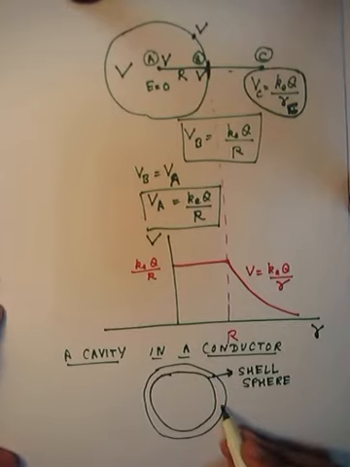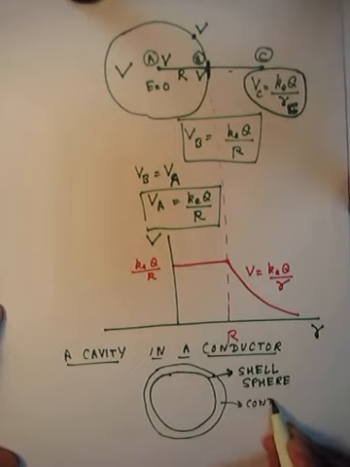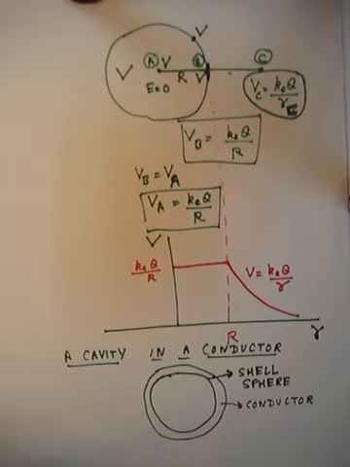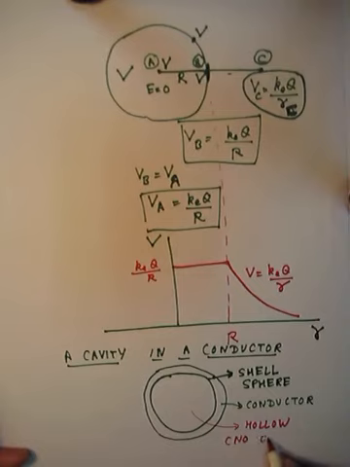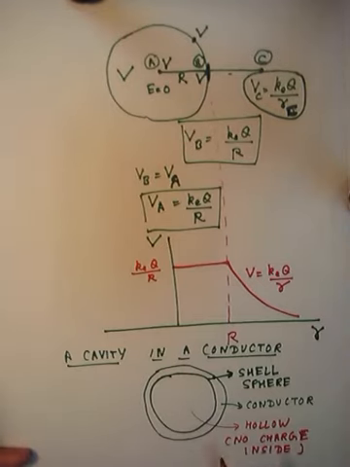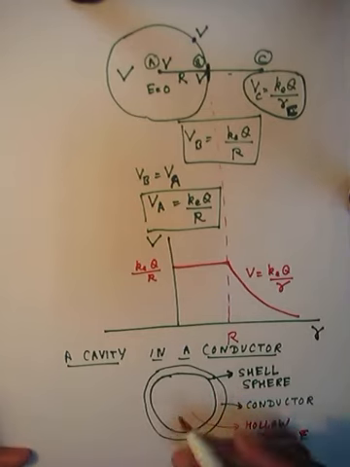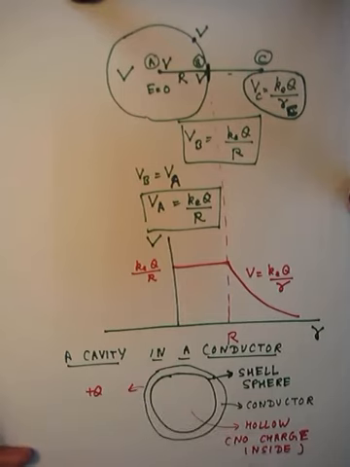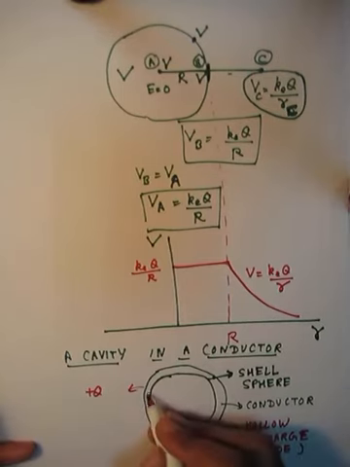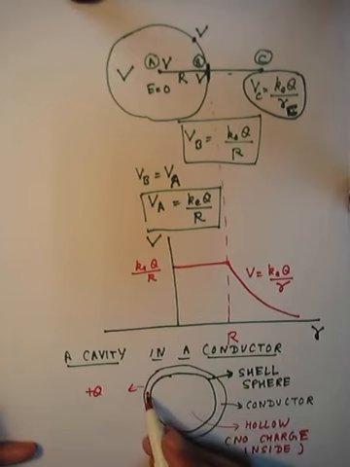Because this is a conductor, and it is hollow, and there is no charge inside the cavity, while on the conductor perhaps it is positively charged, plus Q. It has on it some charge plus Q. Now as you all know, inside the conductor the electric field is 0.